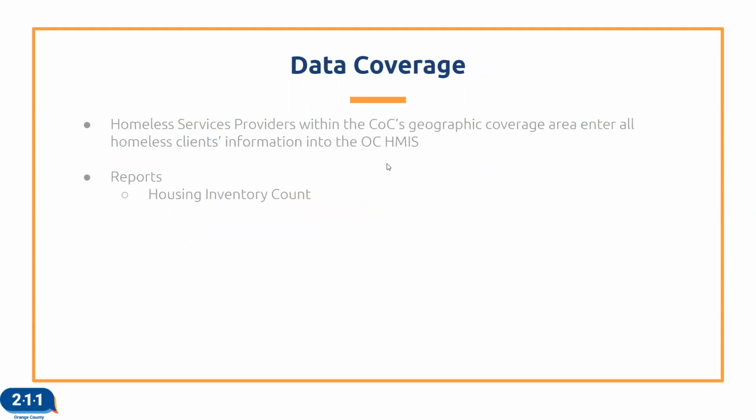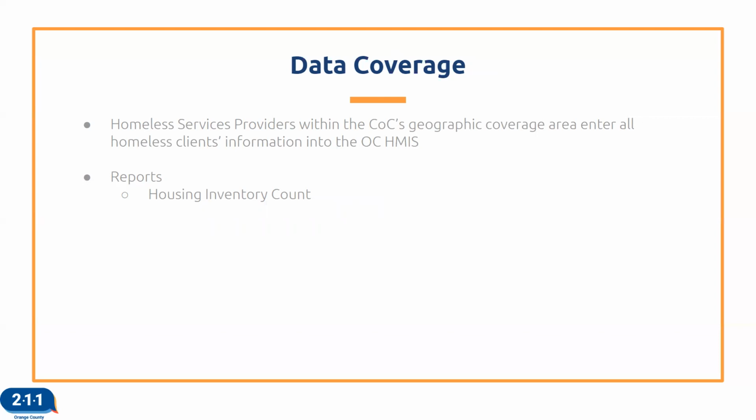The next component of data quality covered in the plan is data coverage. This is the homeless service providers within the geographic area, or Orange County, and what percentage of those are entering data into HMIS.